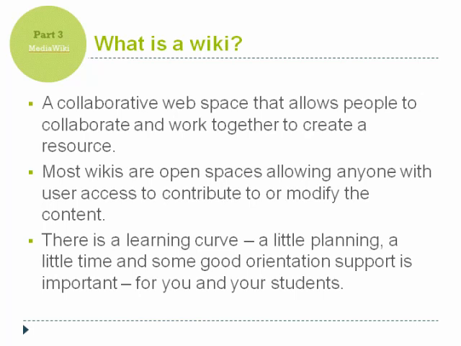We have CWL access, so basically anyone with CWL access can create an account and edit wiki content there. And there is a learning curve. A little planning, a little time, and some good orientation support is really important, both for you and for your students. So welcome, Denise. Someone else has just joined us, and Emily's getting her oriented, so that's great.